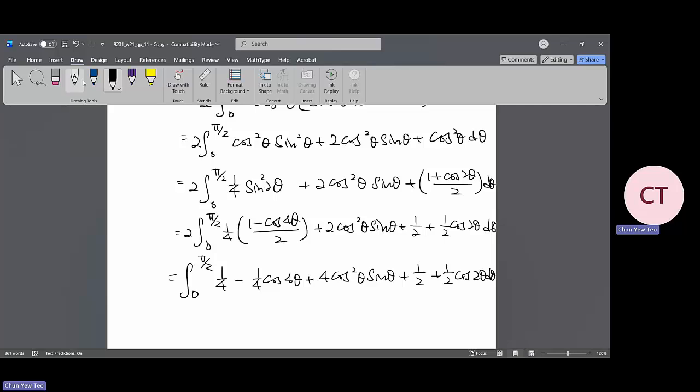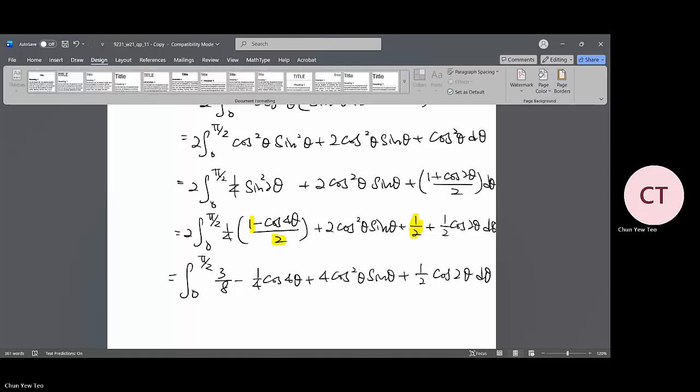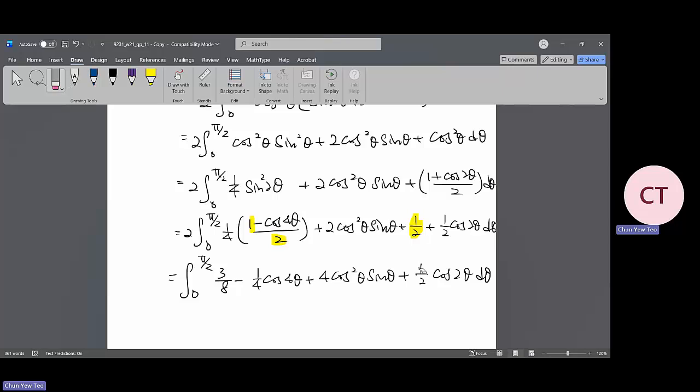So to save space, I will combine this and this together. 1 over 4 plus a half, then you will get 3 over 8. Half cos 2 theta is over here. Okay, I am combining this and this together. Oh, nearly forgot because I multiplied the 2 inside already.